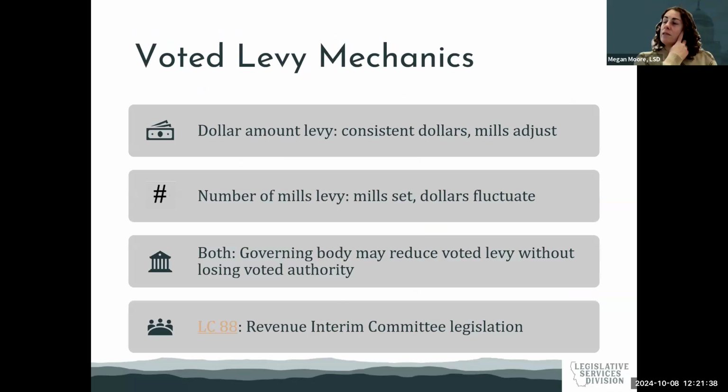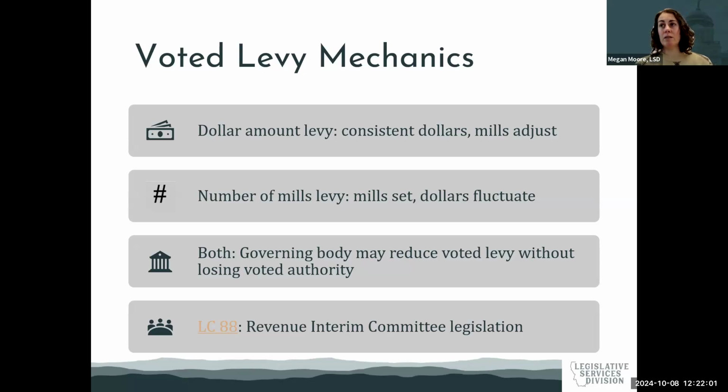The mechanics of a voted levy are listed here for you. A dollar amount levy is going to raise a consistent amount of dollars, and the mills will adjust to raise that amount of revenue. A mill levy that's a number of mills has the mills set and the dollars will fluctuate. So if the taxable value is increasing, the number of mills levy will raise more money.